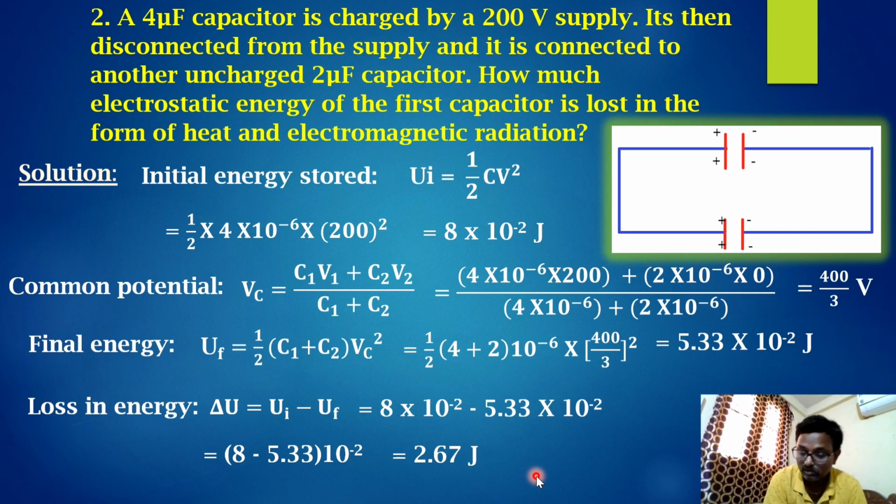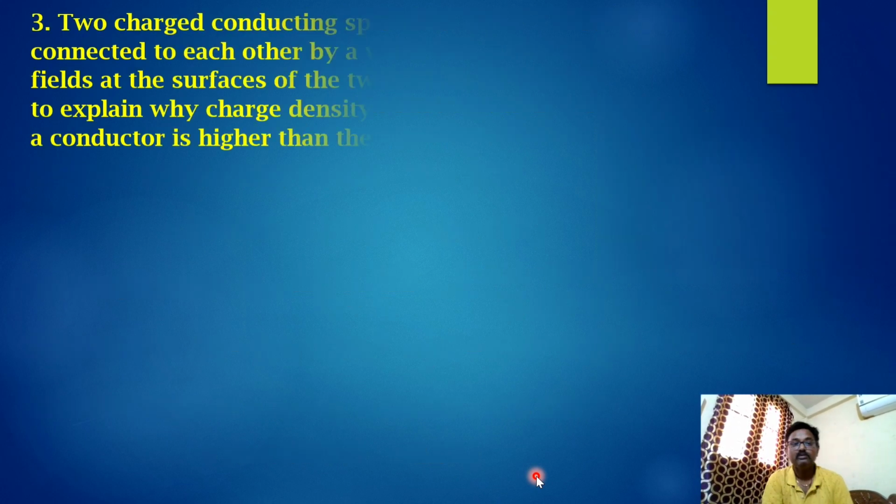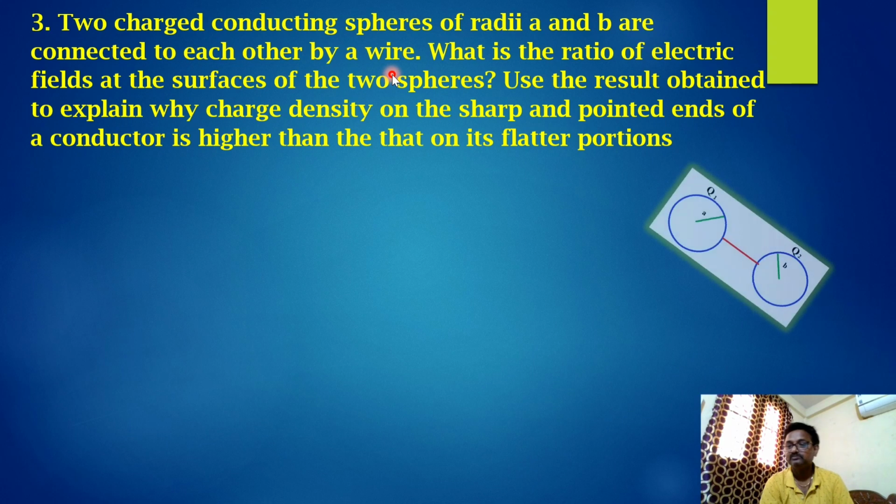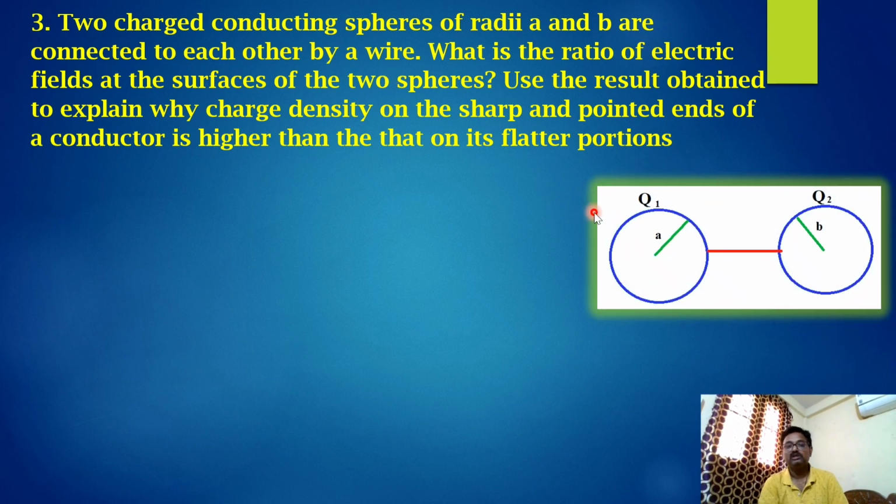Okay, now I will go with the third question. Two charged conducting spheres of radii A and B are connected to each other by a wire. Look at the figure. What is the ratio of electric fields at the surfaces of the two spheres?